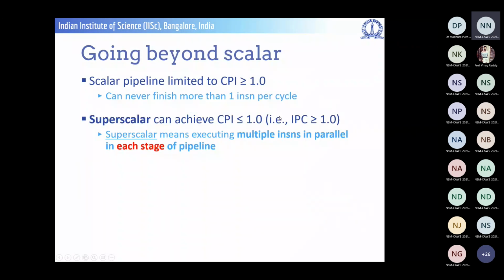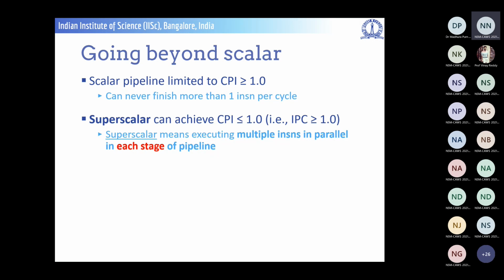Now, in the case of a superscalar pipeline, what you are trying to achieve, as I said, is that if there is ILP available, we want more than one IPC. So what we will do here is that there can be multiple instructions executing in parallel in each stage of the pipeline.